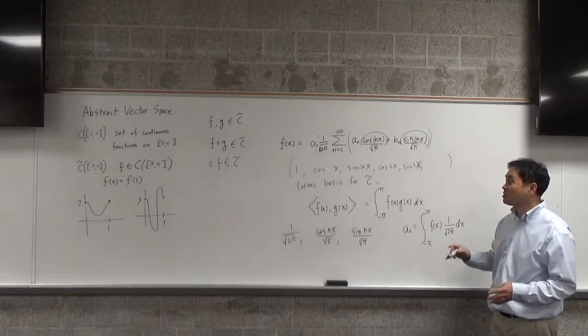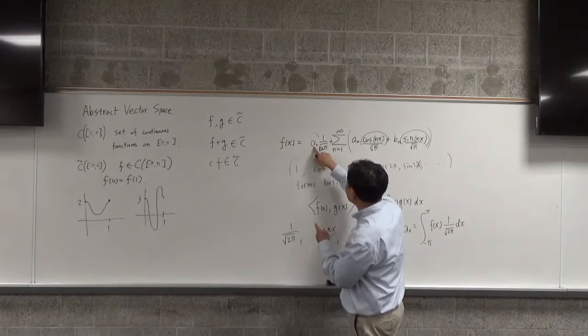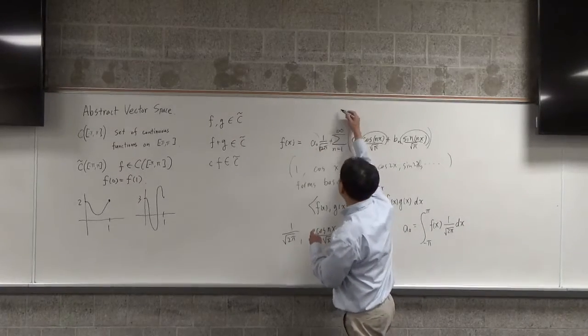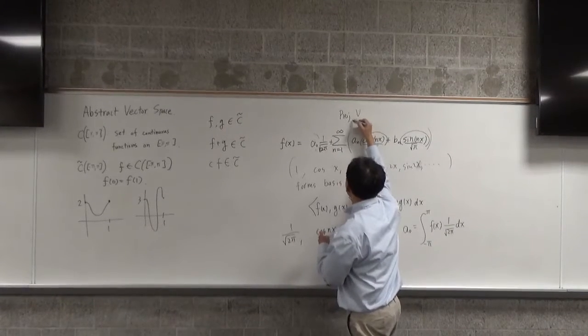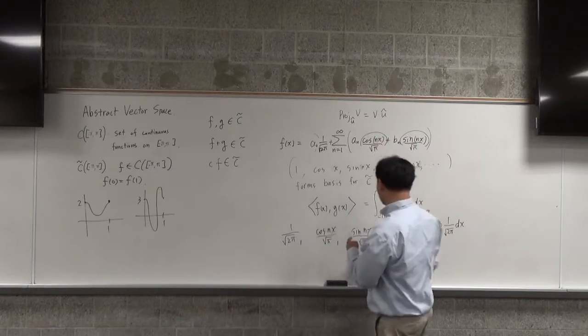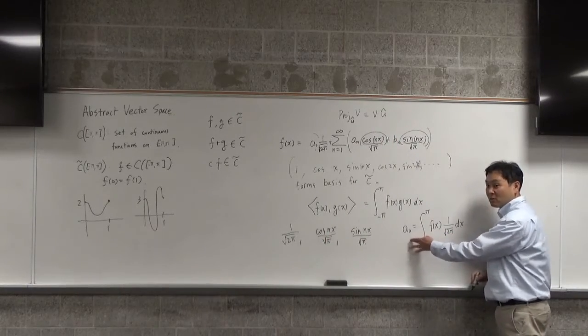Because finding this value is like projecting this onto this unit vector. And the projection of a vector v over a unit vector u is simply v dot u, right? So all you have to do is the inner product with this, and you get A0.